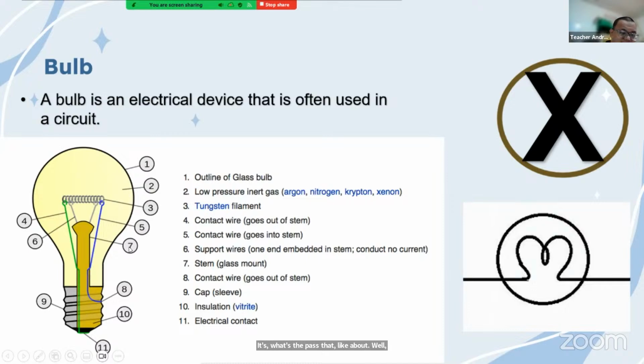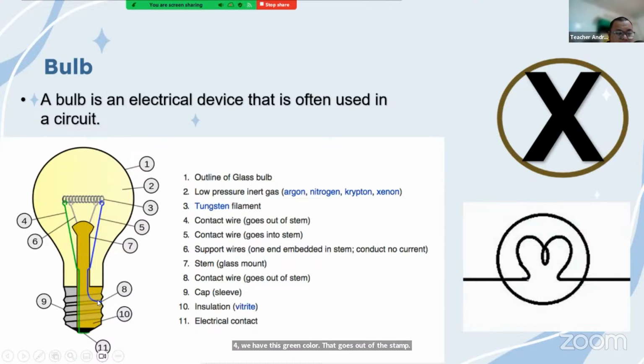First, we have the glass. Number one here, the glass bulb. Then number two, inside the glass bulb, we have low pressure gas such as argon, nitrogen, krypton, and xenon. Then number three, the tungsten filament, where it will light up from. Number four, we have this green color that goes out of the stem.